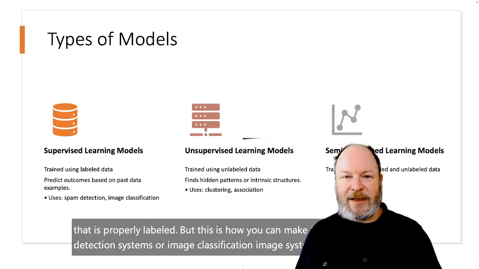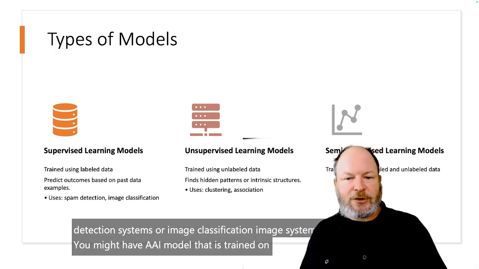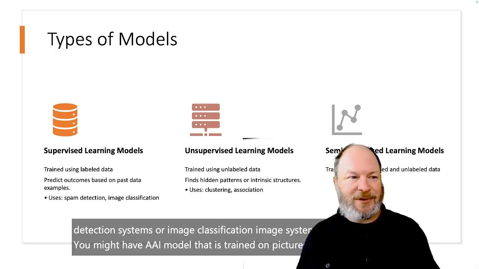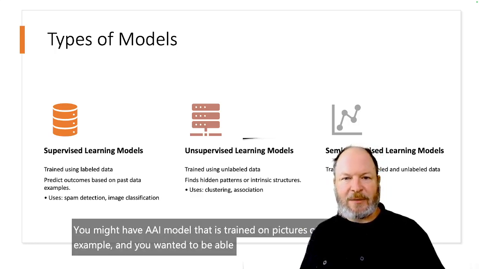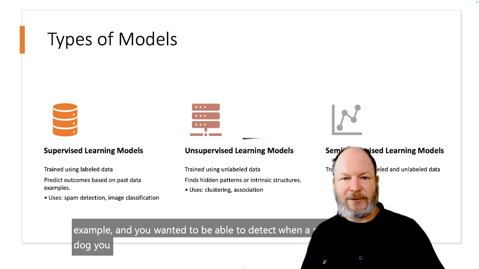You might have an AI model that is trained on pictures of hot dogs, for example, and you want it to be able to detect when a picture is of a hot dog. You use supervised learning to do that.